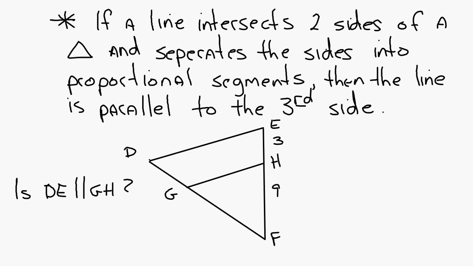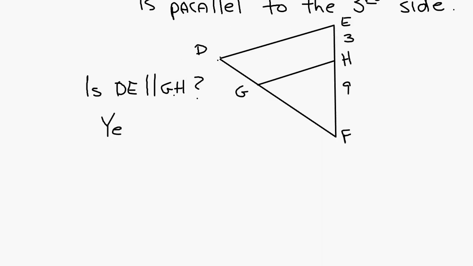Because look, if you wanted to try to make it true mathematically, if DG is 1/3 of GF, you could call GF whatever you want. Call it 3. And what's 1/3 of 3? 1. So now you can write a proportion and see if it's true.